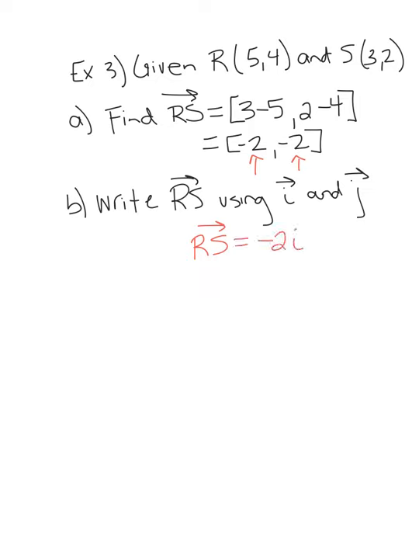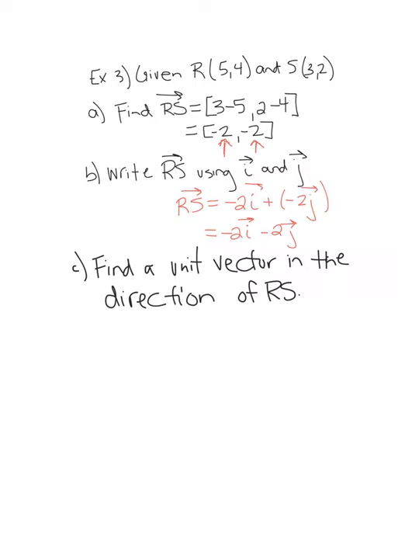That takes care of the -2 in the x. And then a plus -2j, that would take care of the -2 in the y, and it definitely would be preferred just to write this as -2i subtract 2j.